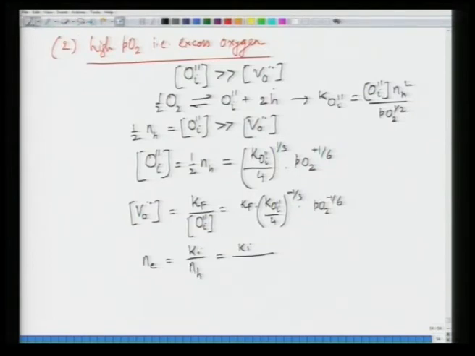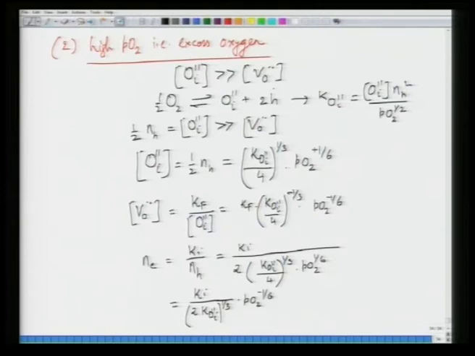So Ki divided by 2 KOI divided by 4 to the power 1 by 3 into PO to the power 1 by 6, which means Ne would be, now you can either take this inside, so this will become Ki divided by 2 KOI to the power 1 by 3 into PO to the power minus 1 by 6.